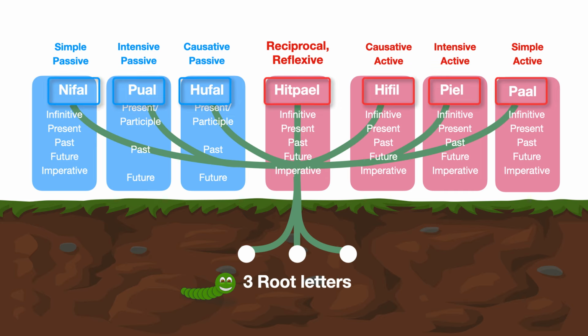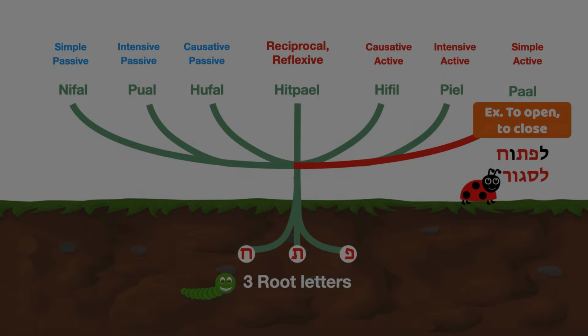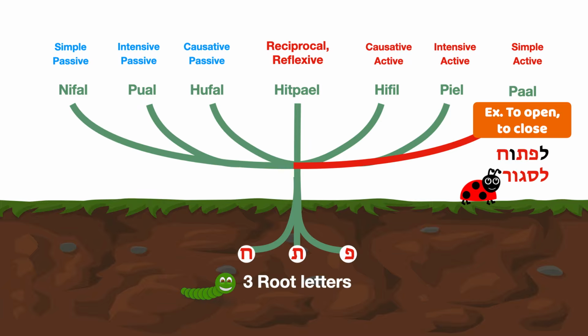Let's get to know each verb stem and see examples of a pattern that is specific to each of them. Pual verbs express active efforts that can be done alone by an individual. Here are 2 examples.